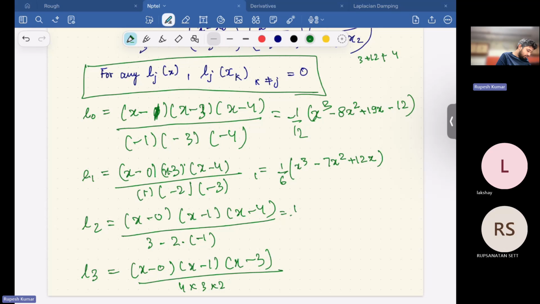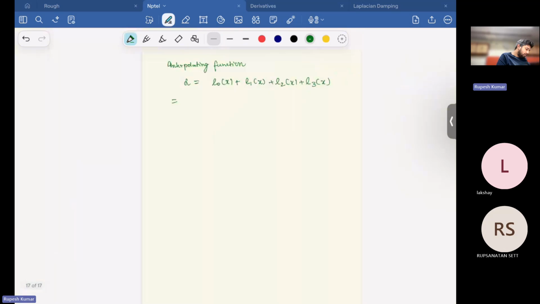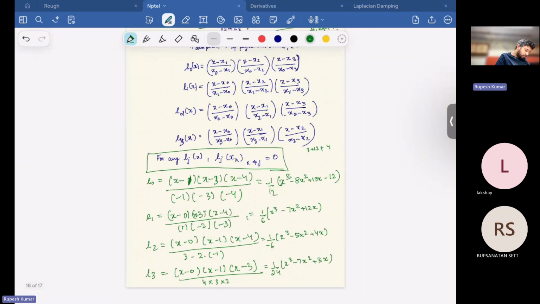The third term will be 1 by minus 6 into x cube, a plus b plus c, so it will be plus 5x squared plus 4x. Similarly, the fourth will be 1 by 24 x cube, a plus b plus c, minus 7x squared plus 3x. So just add them up to get the final function here.